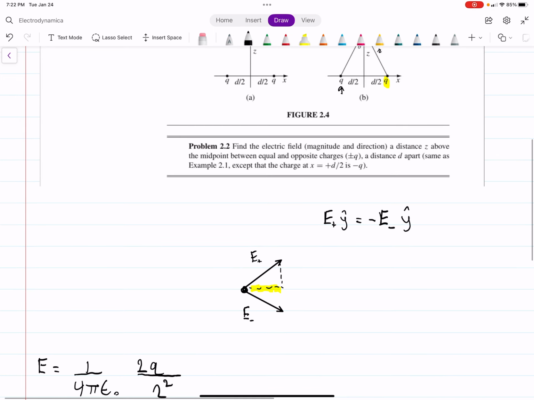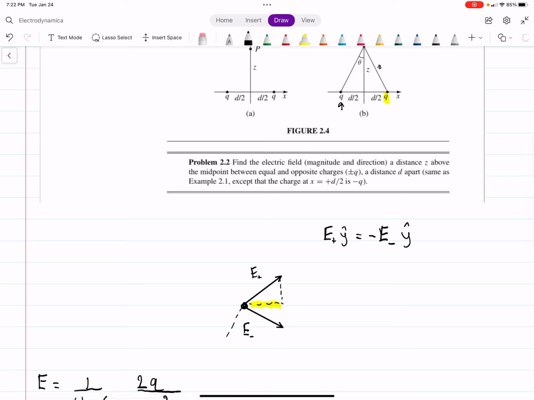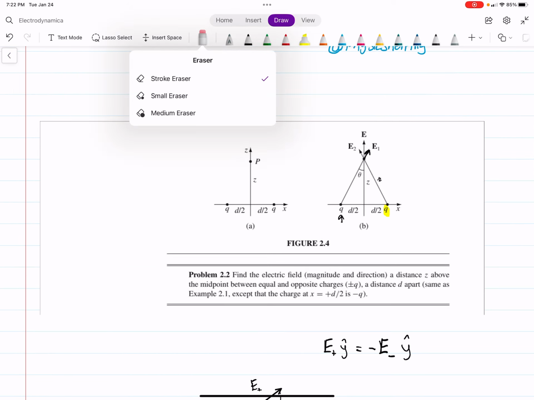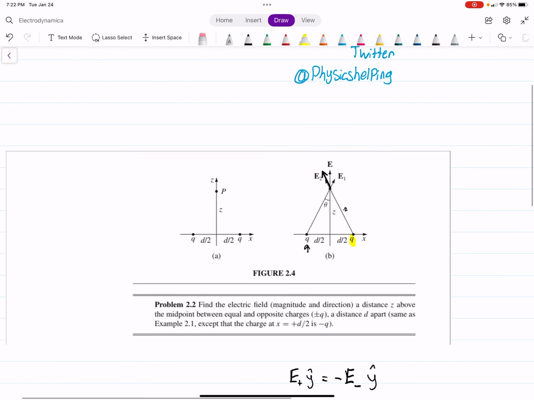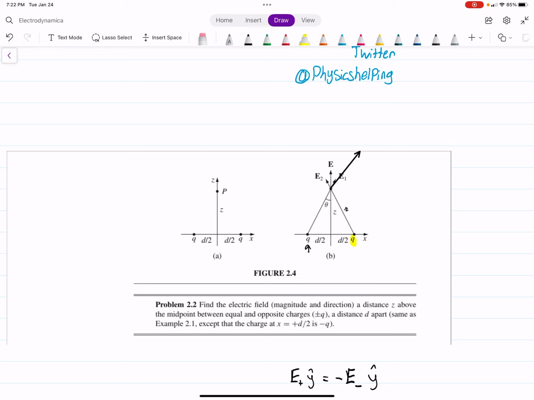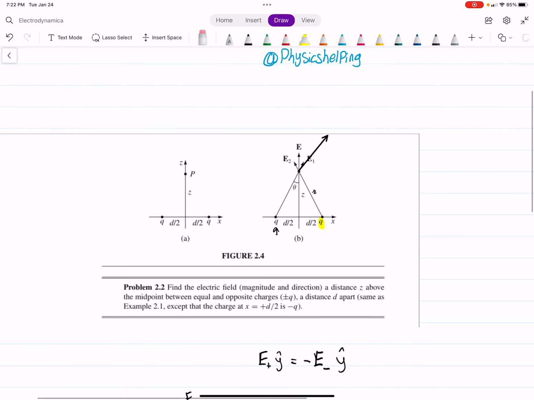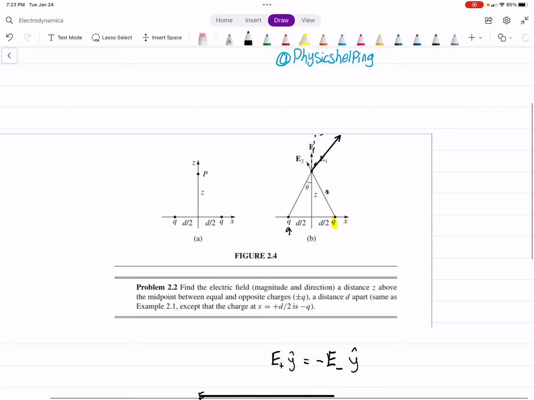We have some theta. Let me move this a little bit. It might be easier to look at it from up here, and I'm going to just draw one E field as such. And then our theta goes right here.